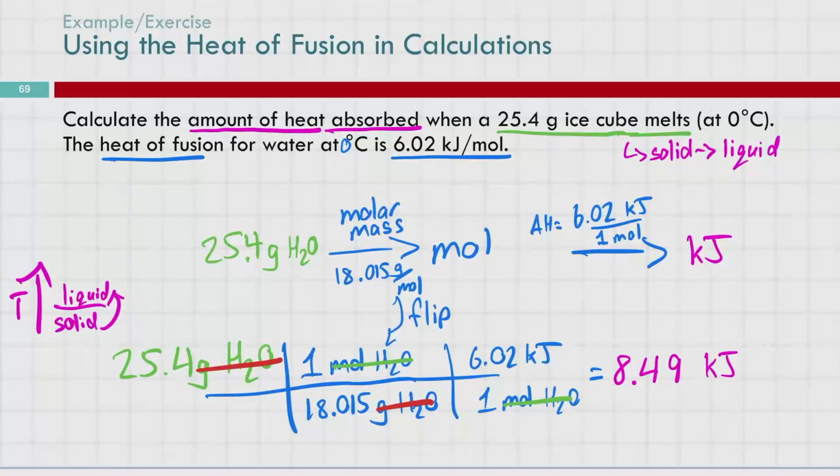So if we're asked not for the amount that was absorbed, but just for the amount of heat, it is going to be a positive number here because we're going up on our little temperature axis. Sometimes, though, it'll ask for how much is emitted, or it might ask just what's the total amount of heat change. And if it's going from the liquid to the solid, there'd be an arrow pointing down, and you would end up with a negative number.